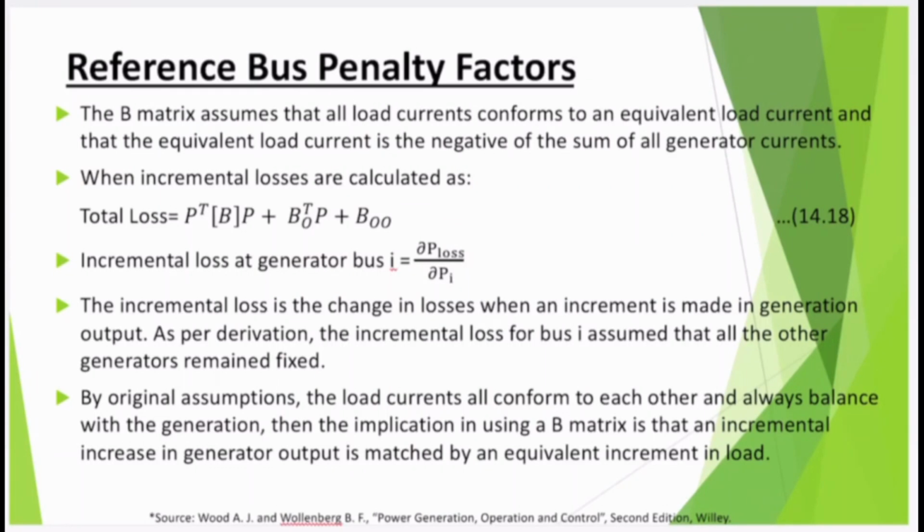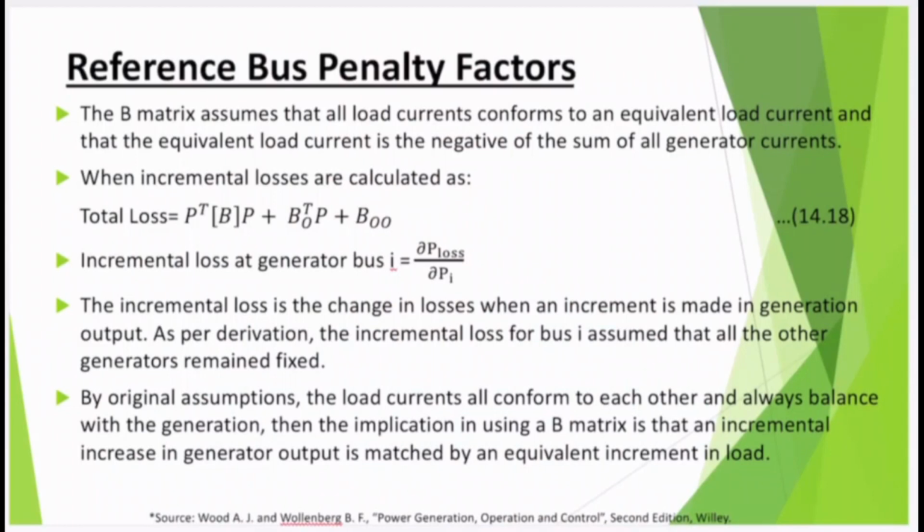Now let us move to the reference bus penalty factor. The B matrix assumes that all load currents conform to an equivalent load current, and that the equivalent load current is the negative of the sum of all generator currents. That means when you calculate the total loss with the B matrix, it is P transpose B P plus B0 transpose P plus B00, and B0 and B00 are the coefficients.